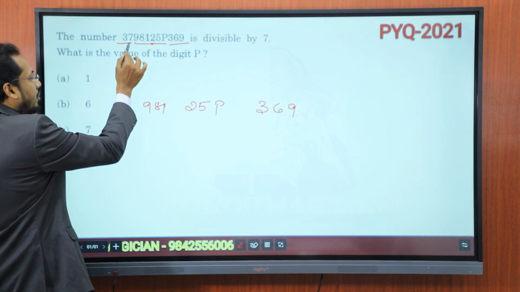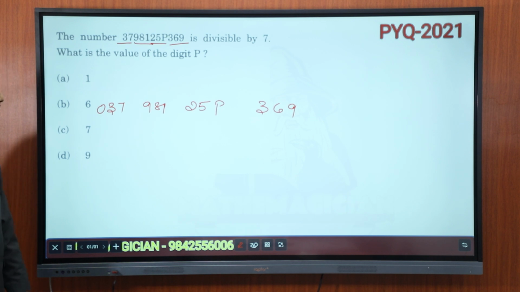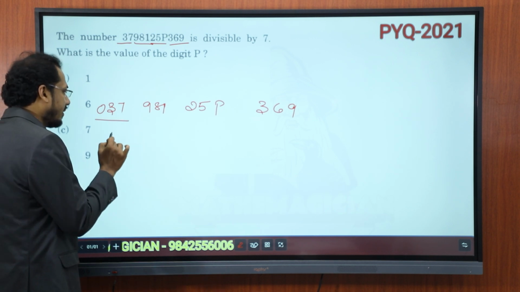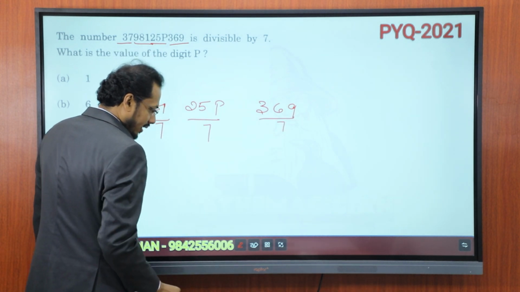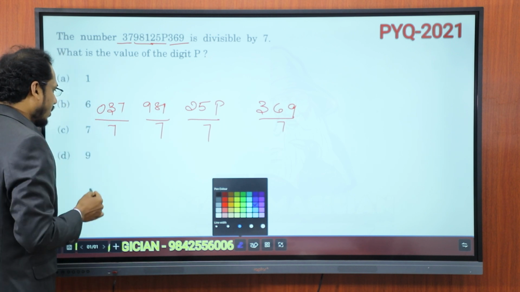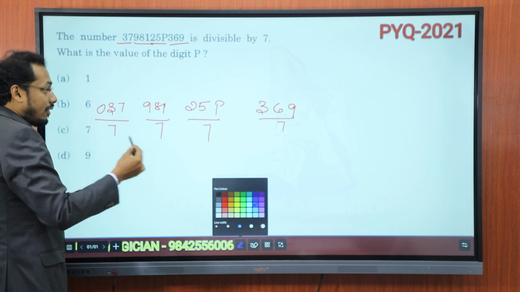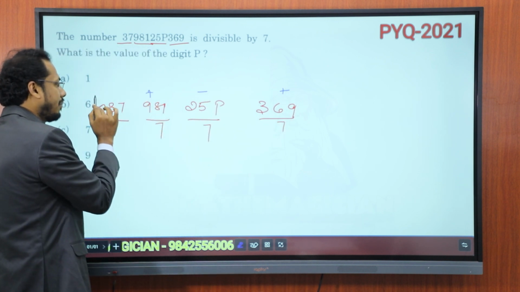And only 2 numbers we had. If you want, you can add 0 here. Let us divide by 7. I need to know whether it will be divisible or not. One more thing, first plus, then minus, then plus, then minus, right?